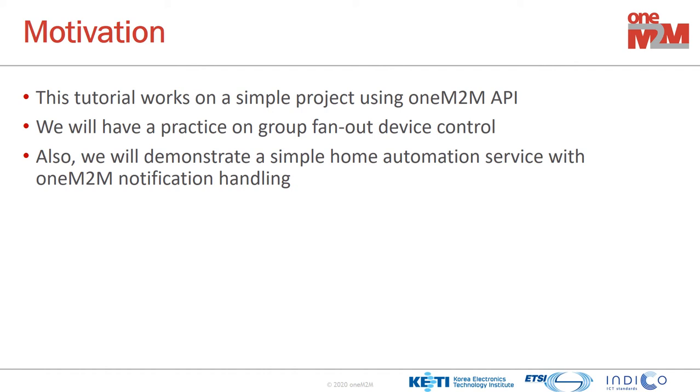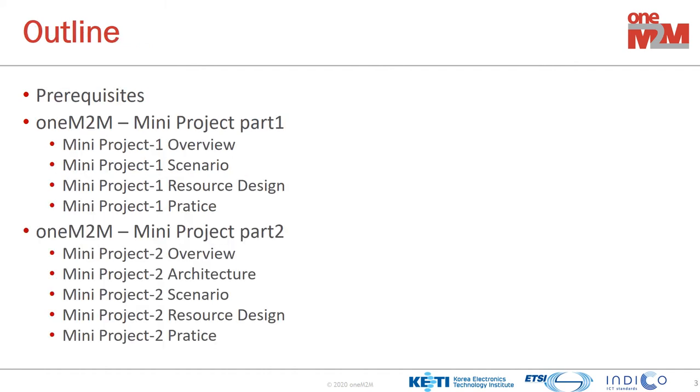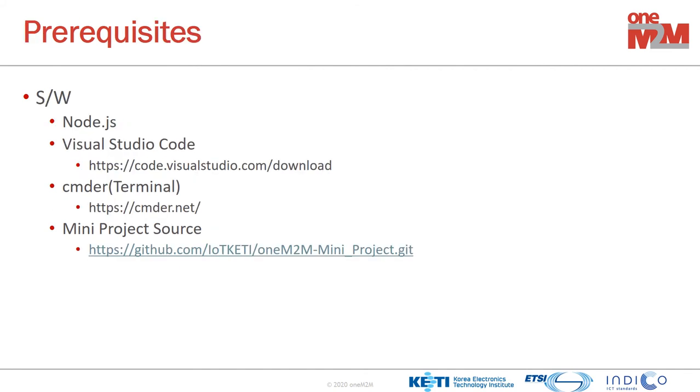In the second one, we're going to have a really simple home automation service implementation with the oneM2M subscription, and this is the setup. And for this session's practices, you should download the source code from the GitHub link on the screen.